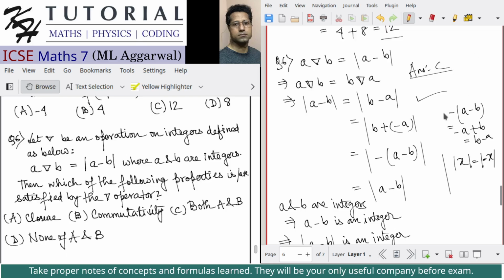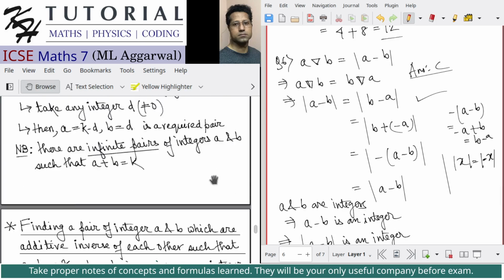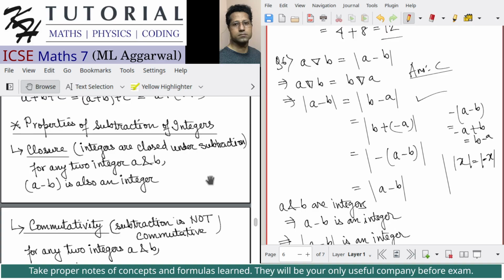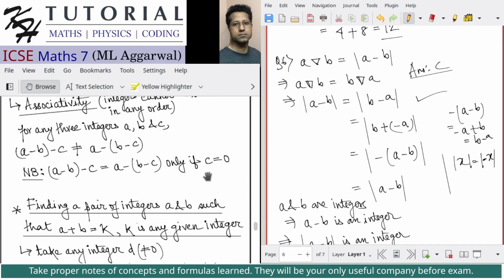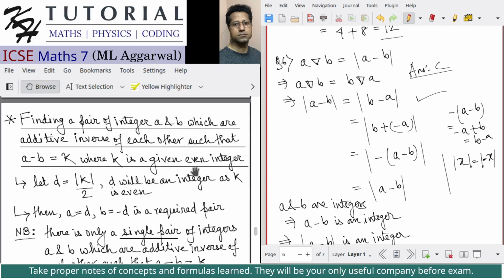Okay, so with this it brings to an end the part 5 video on the chapter of integers, where I discussed the properties of closure, commutativity and associativity of integers under addition and subtraction, and a strategy for solving two specific kinds of problems: finding a pair of integers A and B such that A plus B is equal to a given known integer, and how to find a pair of integers A and B which are additive inverses of each other such that the difference is equal to a known integer, which will be even.